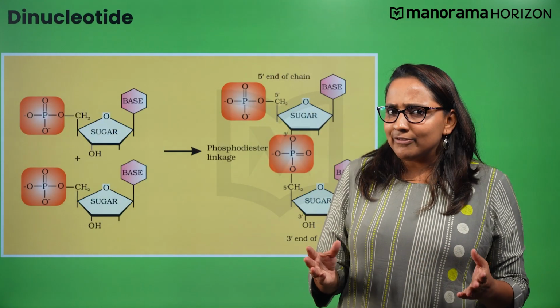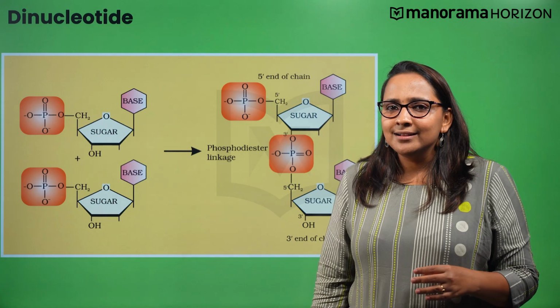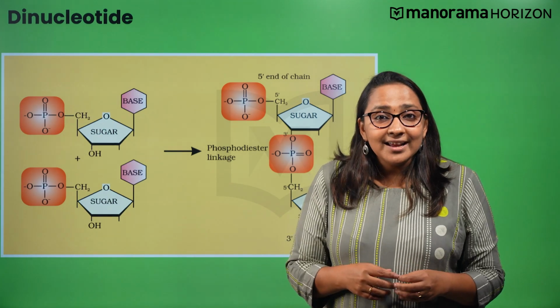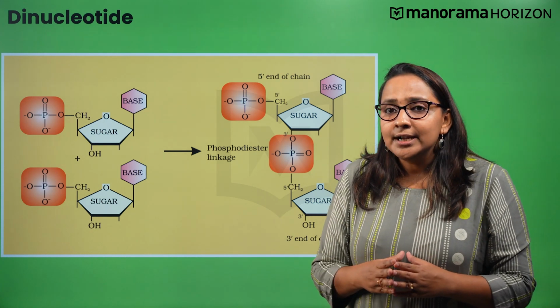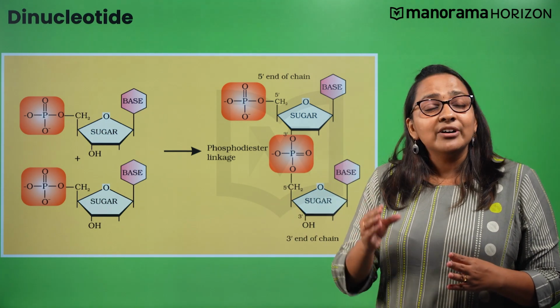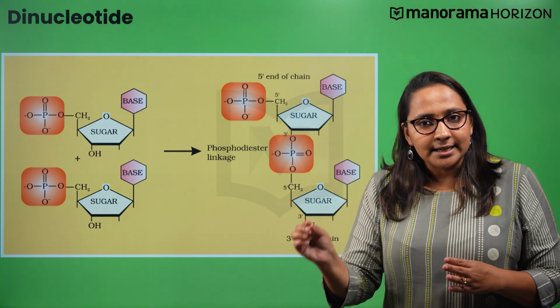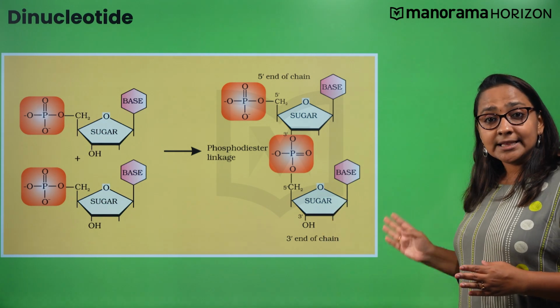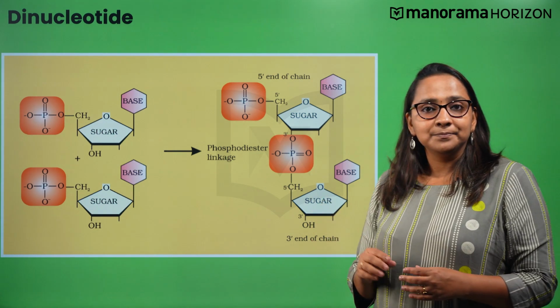Now, as you have learned the structure of nucleotide, can you draw a structure of a dinucleotide? Well, a typical dinucleotide is formed when 2 nucleotides join together by a phosphodiester linkage between carbon atoms C5 and C3 of a pentose sugar.